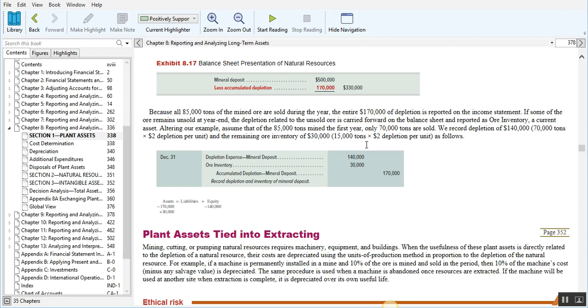So what they show you here is that because only 70,000 tons were sold, they're only going to put in depletion expense the 70,000 tons times 2, 140,000. The difference between the accumulated depreciation that's there and this number will be ore inventory, because we're going to keep that in inventory and then sell it as we go.